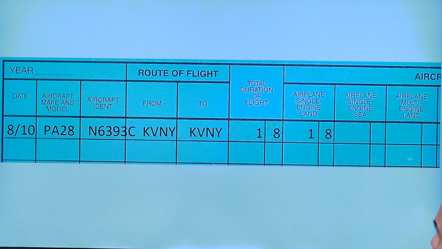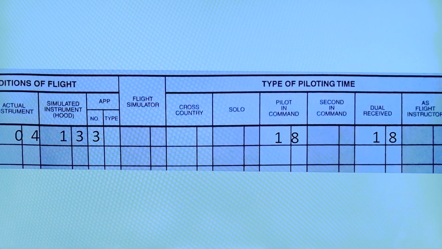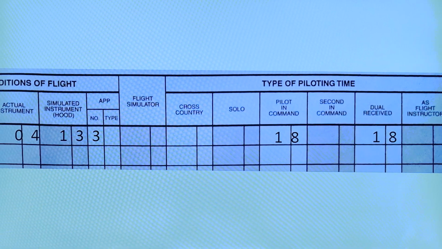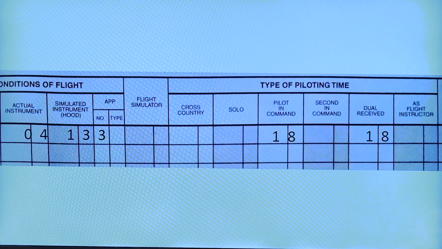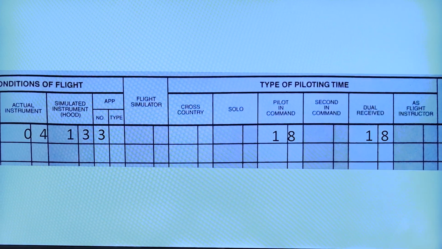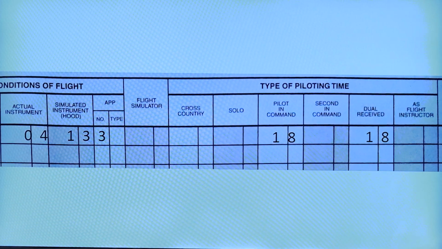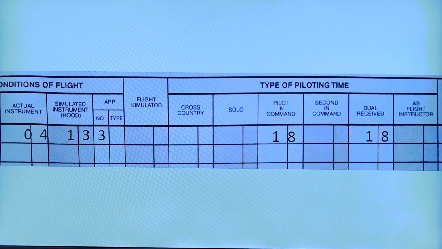Let's say for this example, the total duration of flight is 1.8. And the next one is here. We see a column of actual instrument and simulated instrument, which shows 0.4 for actual instrument and 1.3 for simulated, with number of approaches 3. All right, good.